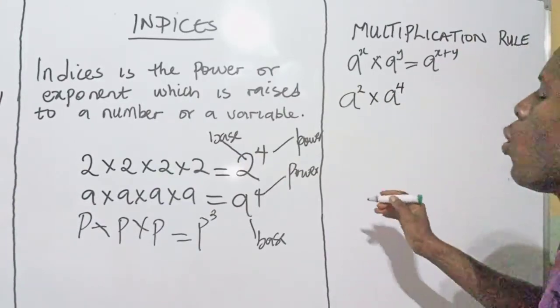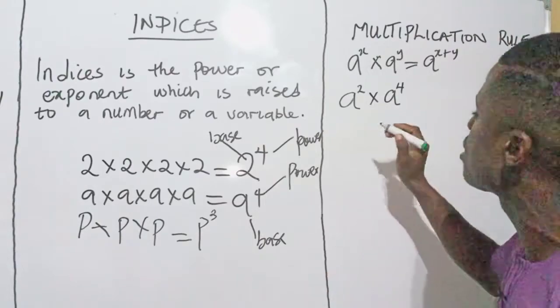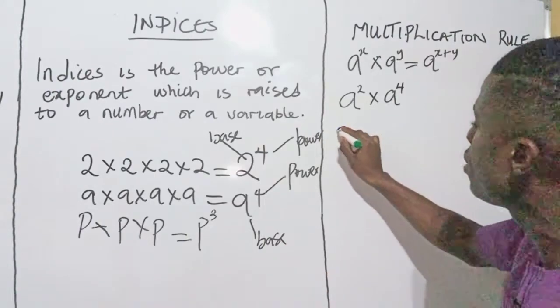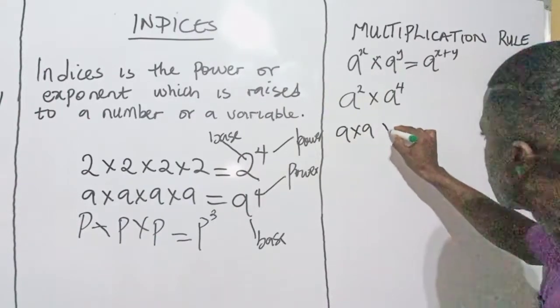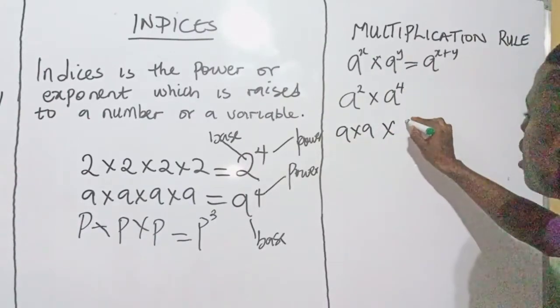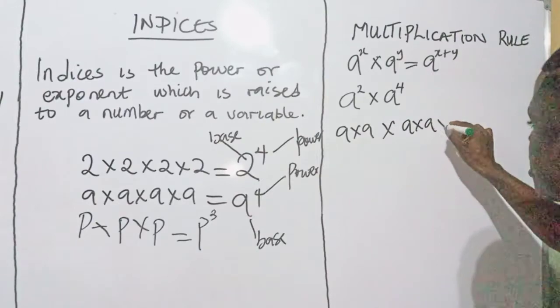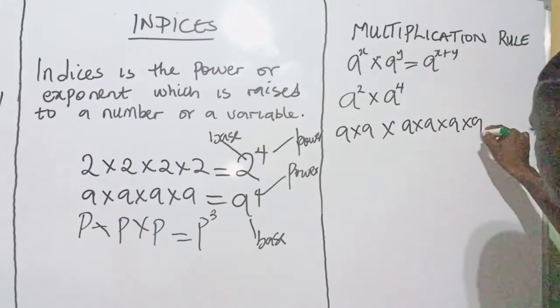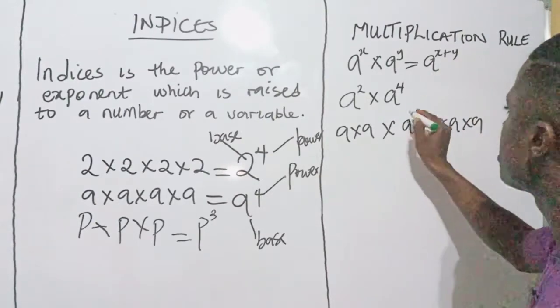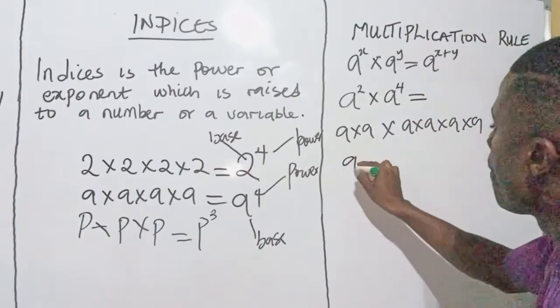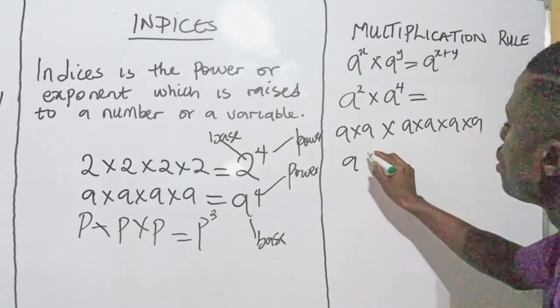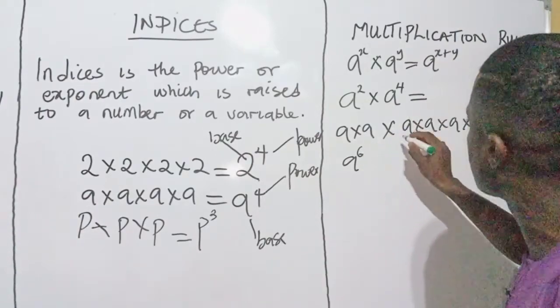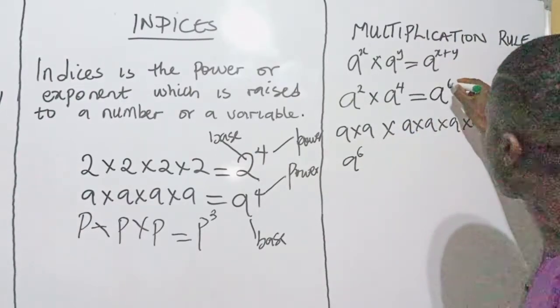At this point, we can just simplify this in normal sense. We can just do a times a, then times the second one, which is a times a times a times a. So to simplify this, you can see that I have a raised to power 1, 2, 3, 4, 5, 6, which is a raised to power 6.